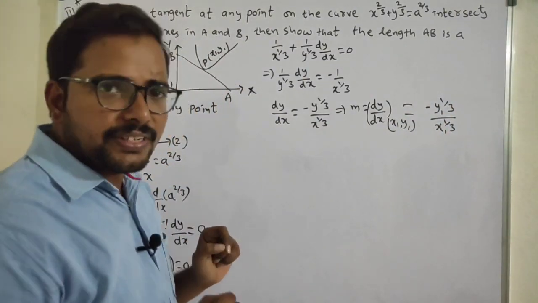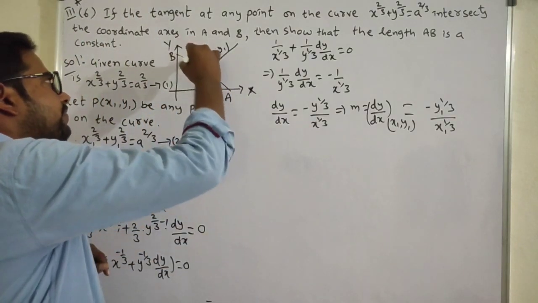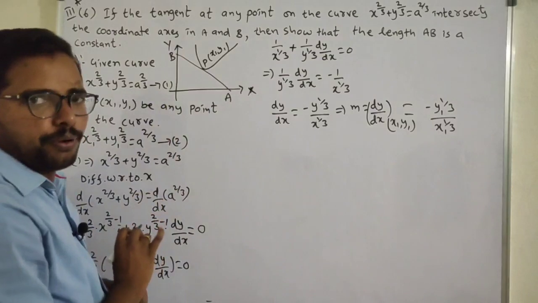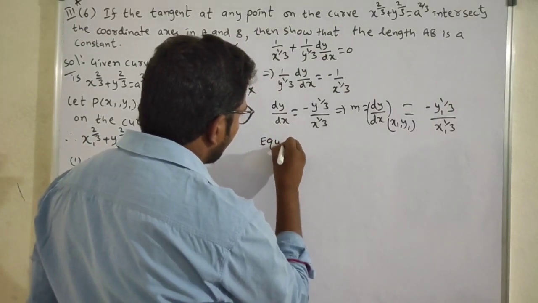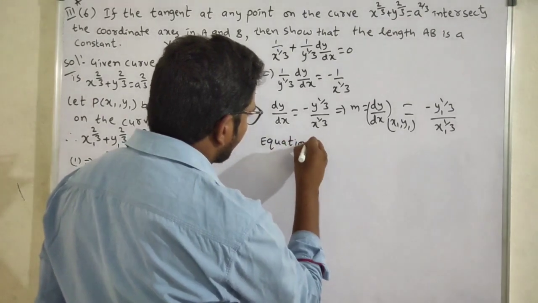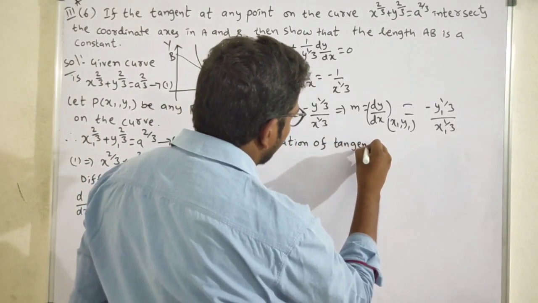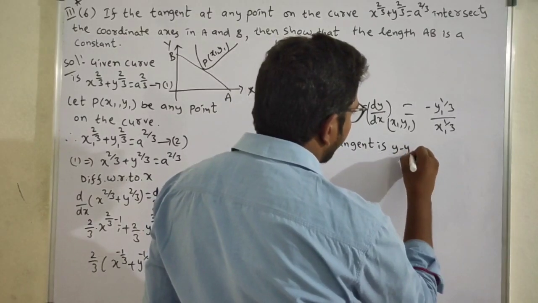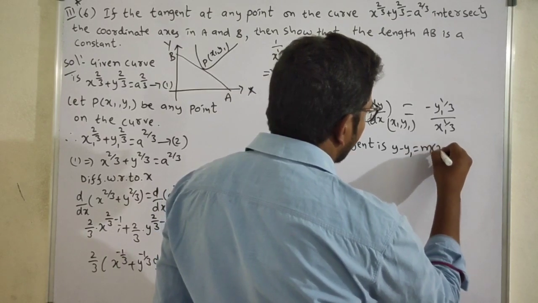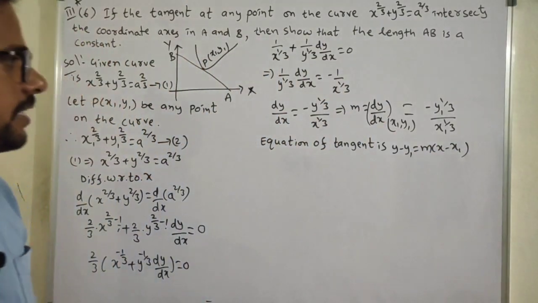Now we have to find the equation of tangent. We got our slope, so we have to find the equation of tangent which is passing through point P. What is the formula? Equation of tangent is y minus y1 is equal to m into x minus x1.